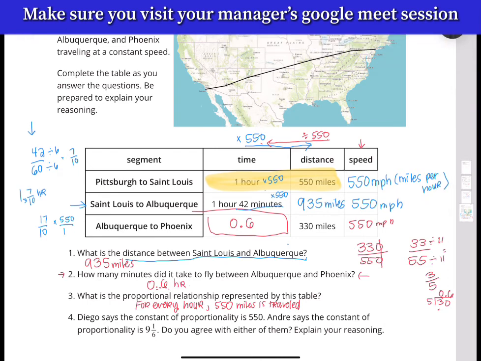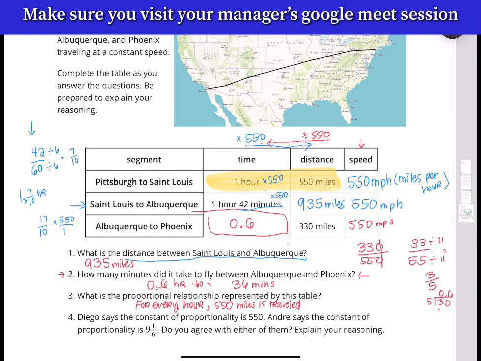When I needed to convert minutes to hours, I divided by 60. Now I need to convert this hour to a minute, which I'm going to multiply by 60. And I should get, can you guess? 36 minutes. There we go. 36 minutes. Okay.